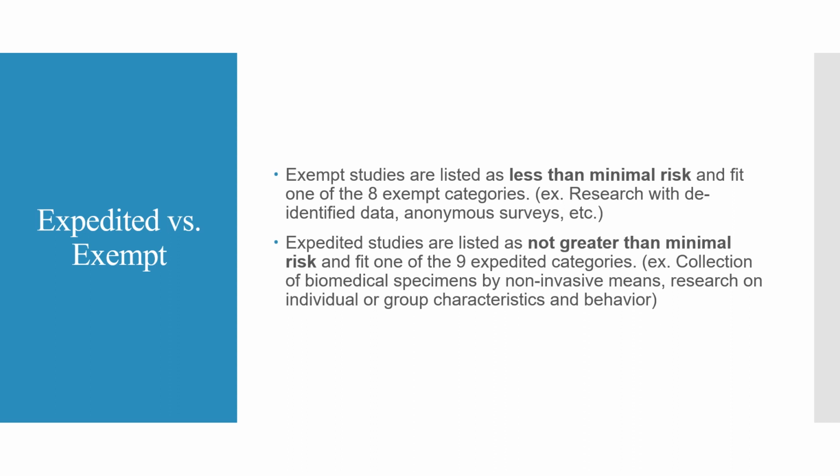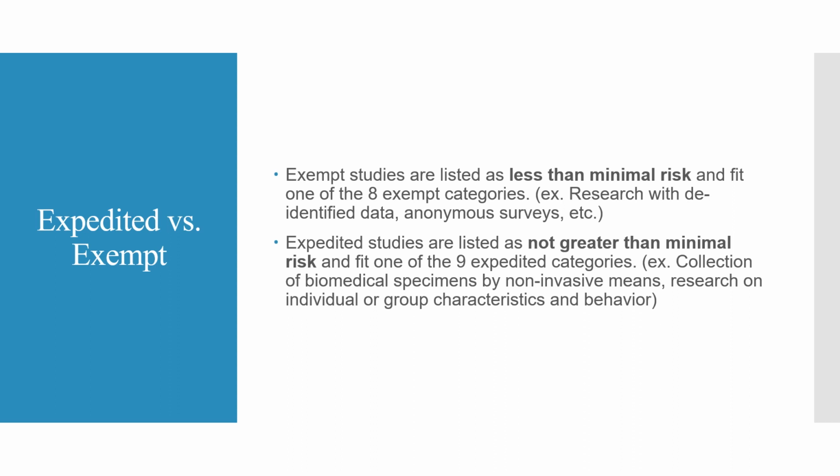Whereas, like I just mentioned on the previous slide, expedited studies are listed as not greater than minimal risk and fit one of the 9 expedited categories. Now, on the surface, these look really similar, but the big difference is how close they get to that level of minimal risk. Exempt studies are going to be well below minimal risk, whereas expedited studies can be right at the level of minimal risk. They just cannot go over it.